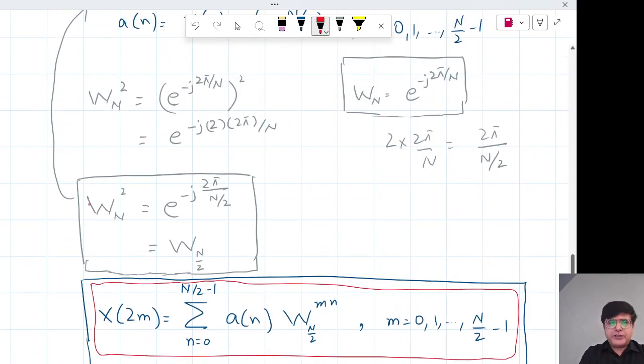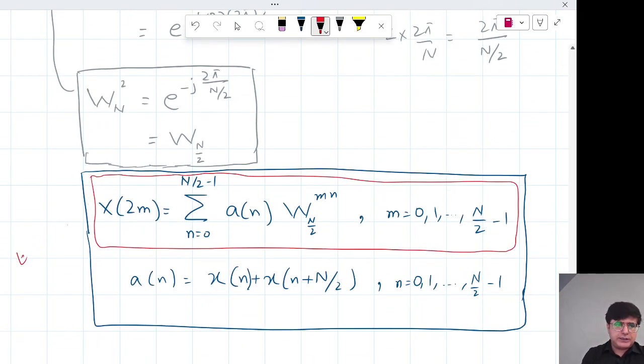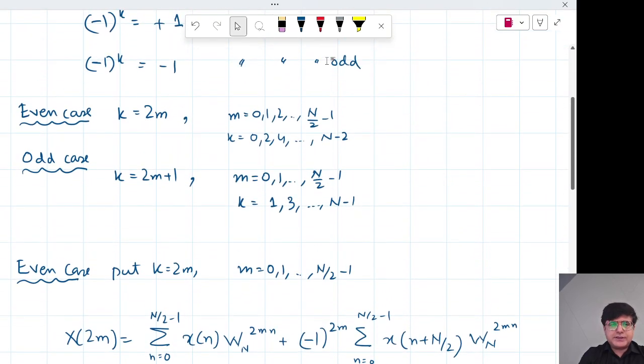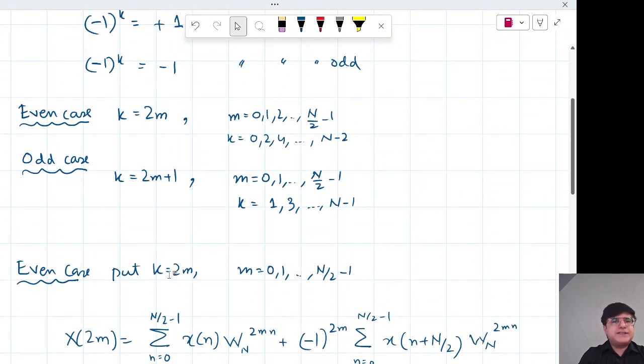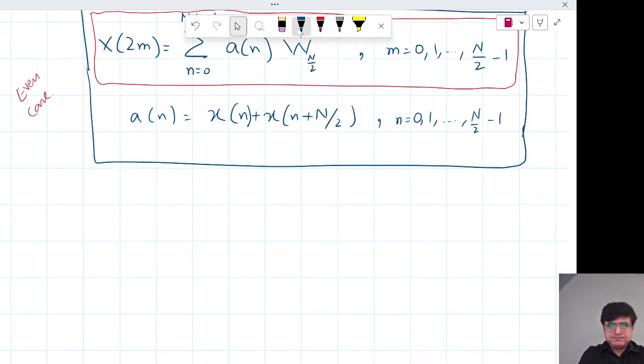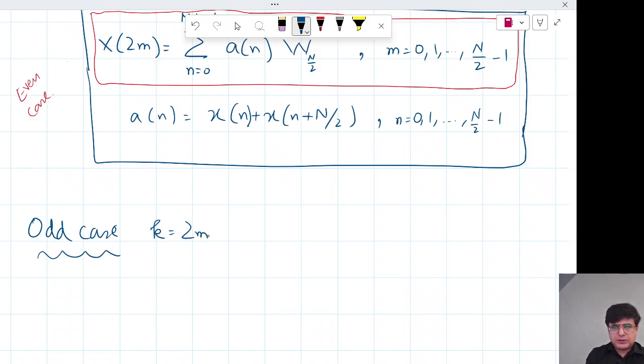Clear so far? All good? Okay. So this was for the even case. Let's see the situation for the odd case. For the odd case, we'll just repeat the same thing: replace k with 2m plus 1, where m goes from 0, 1 up until N over 2 minus 1.